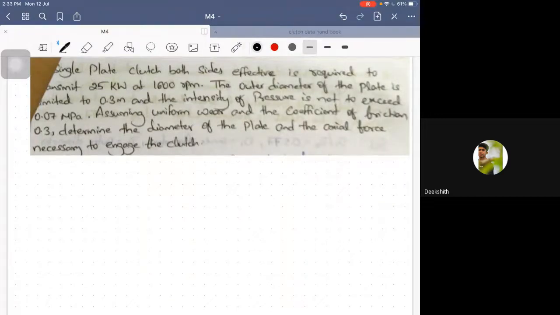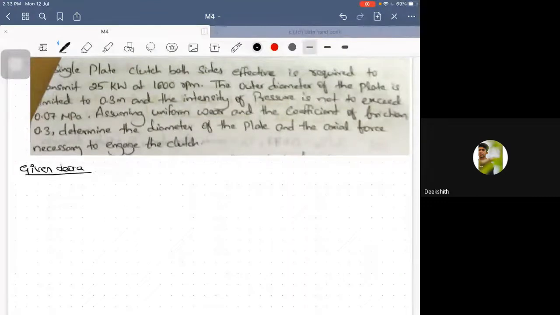Let us write down the given data. A single plate clutch with both sides effective is required to transmit 25 kilowatts of power at 1600 RPM, he says.